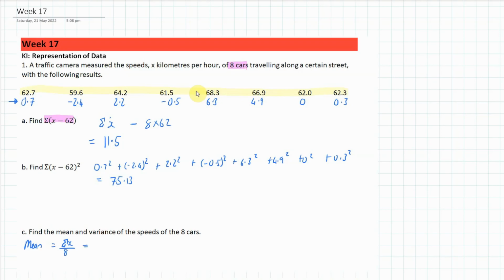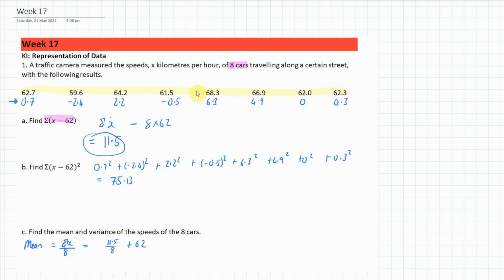Or I could take the sum of x minus 62, divide that by 8, which gives the mean of the coded data, and then add 62 to that, since the whole mean shifts by minus 62 when we code it.